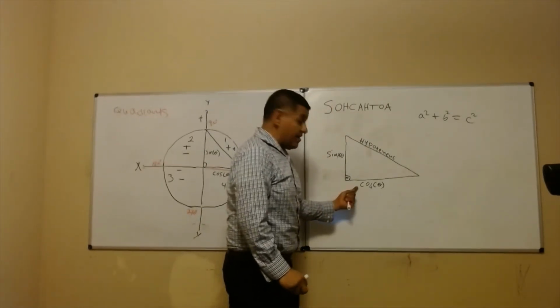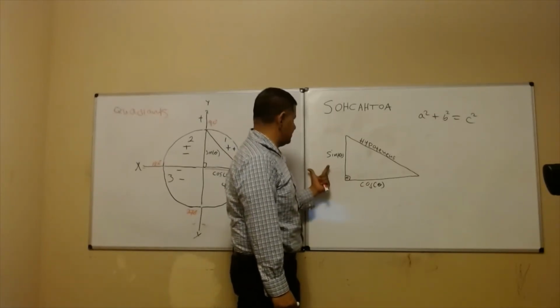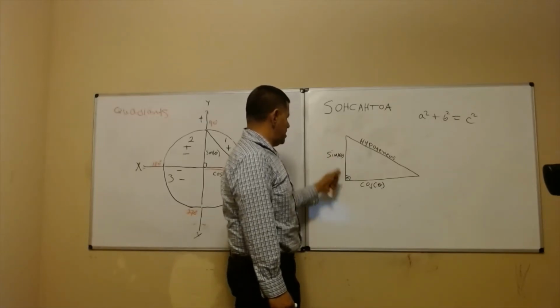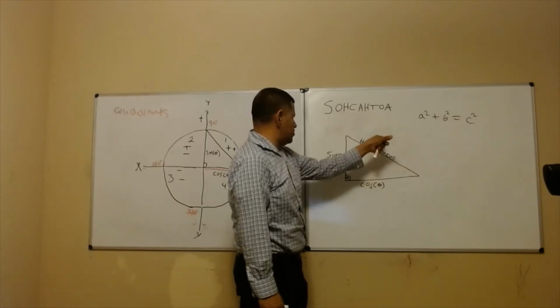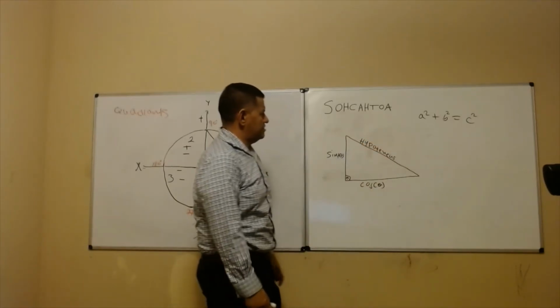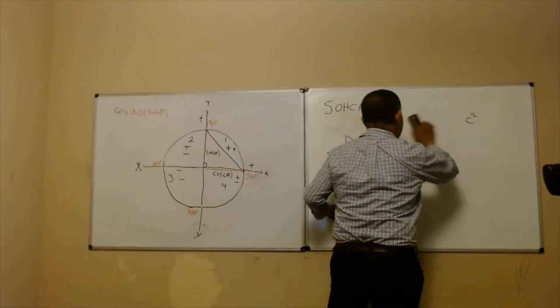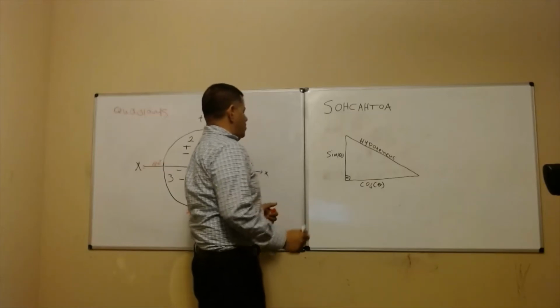In this triangle, the sum of the two sides squared is equal to the hypotenuse squared.